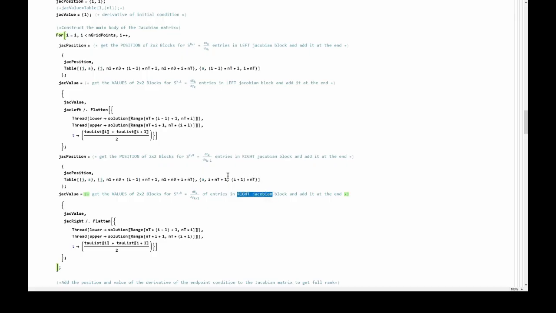So in the end, we end up with a Jac position vector and a Jac value vector. So that's Jacobian position, the position of my individual block matrices and the values of my individual block matrices, all put together.